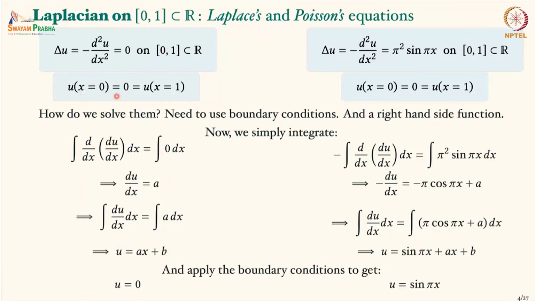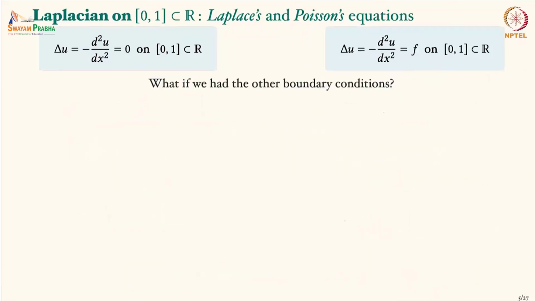An intuition might be that if it has to have its second derivative 0 as well, it could be something funny, but in this case, it's just the 0 function, because this right-hand side is 0. Over here, you get sine pi x, which I have not plotted, but you can imagine plotting using Wolfram Alpha, for instance. You would see that it is indeed 0 at x equals 0 and x equals 1, and its second derivative equals this. We did, after all, get it by integrating.